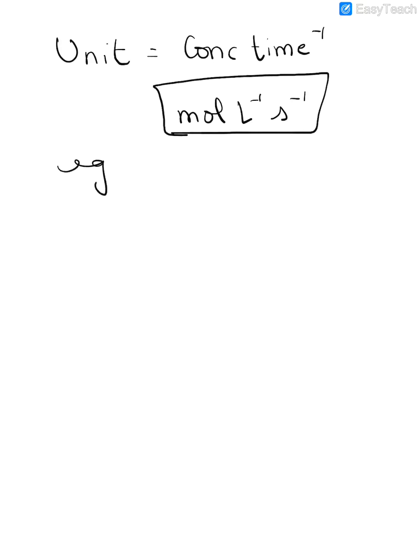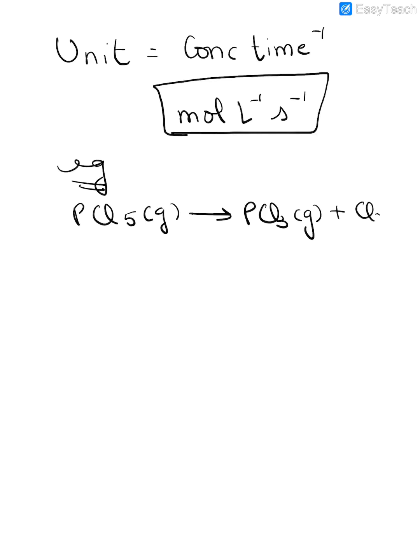Now let us take one example. Suppose we take the example of the decomposition of PCl5 into PCl3 plus Cl2. Now if we want to write down the rate expression, it can be expressed either in terms of concentration of reactant or in terms of concentration of products.